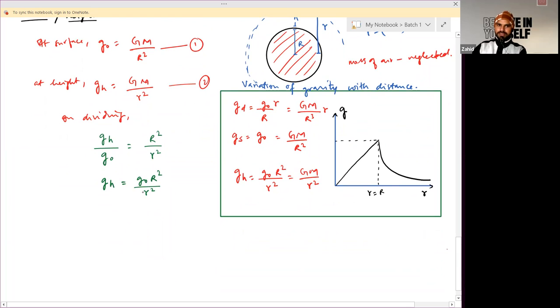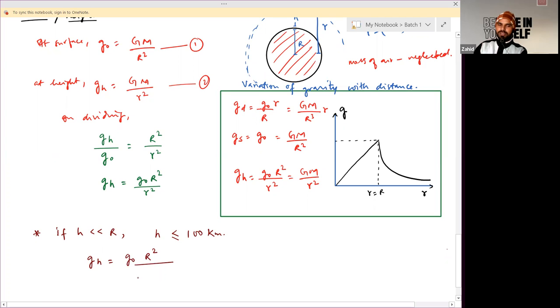Now we may rearrange this equation. If the height is very, very small as compared to the radius, or you'll say h is less than or equal to 100 kilometers, we can rearrange this equation. Gravity due to height equals g naught times R squared divided by small r squared.